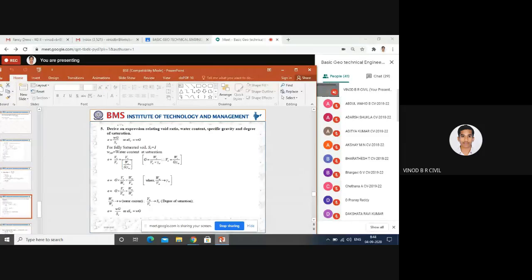Next, derive the expression relating the void ratio, water content, specific gravity and degree of saturation. Void ratio is denoted by small e. Water content is denoted by small w in some textbooks; some call it MC, moisture content, and in some problems WC, water content.